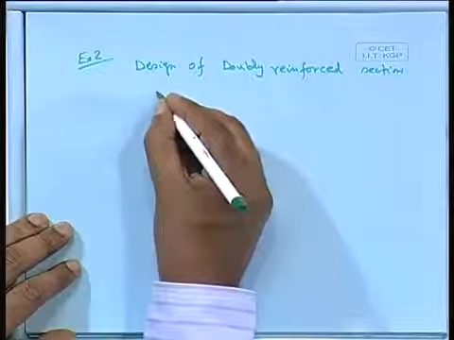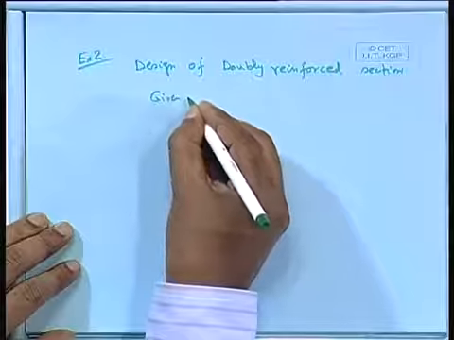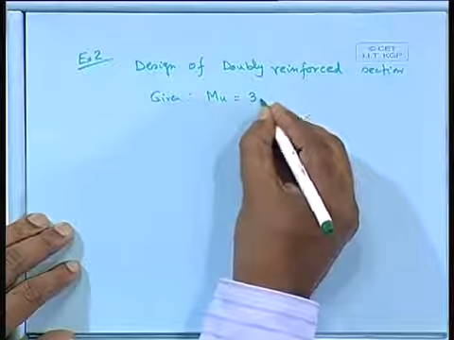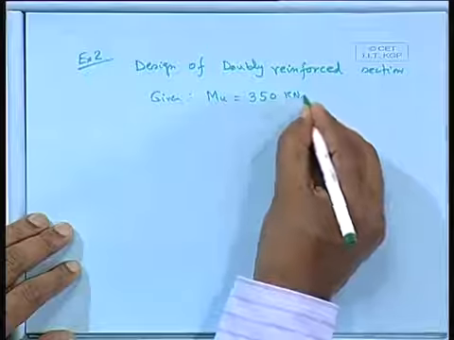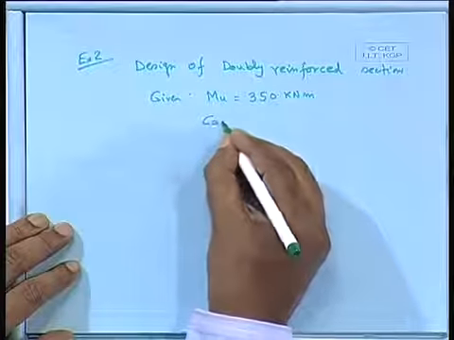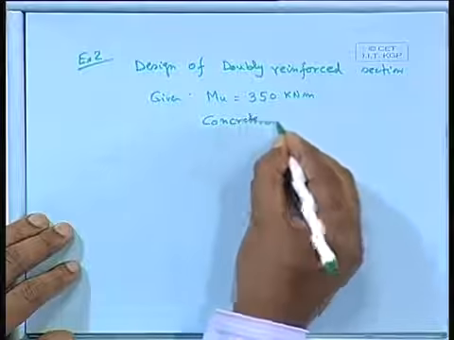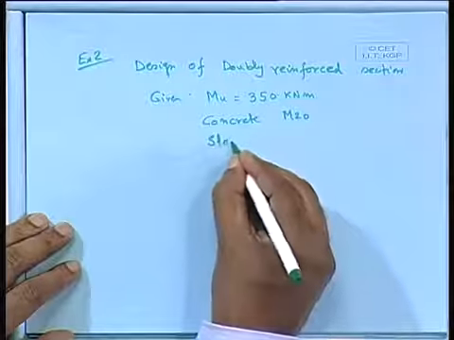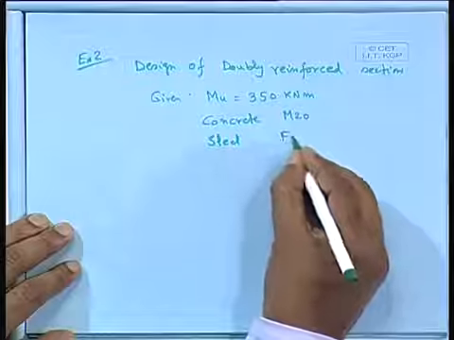Given: Mu equal to 350 kilonewton meter. Concrete M20, steel Fe415.